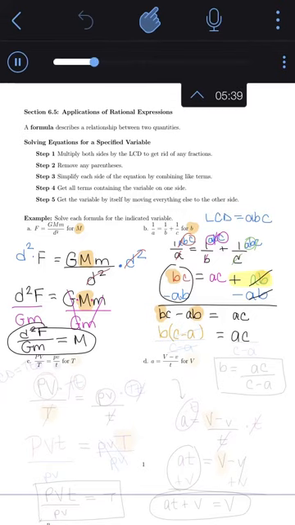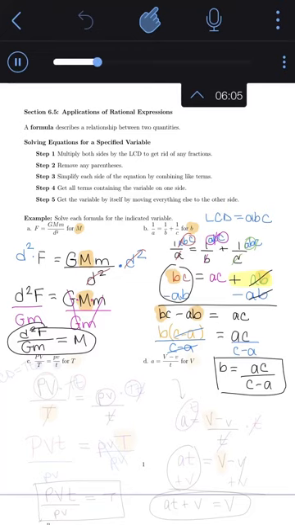Remember, those parentheses mean you have multiplication. How do you get rid of multiplication? We're going to do the opposite. We're going to divide both sides by C minus A. That'll move it from one side to the other. So what that gives me is B equals AC over C minus A, and you can't do anything with that. You are all done.